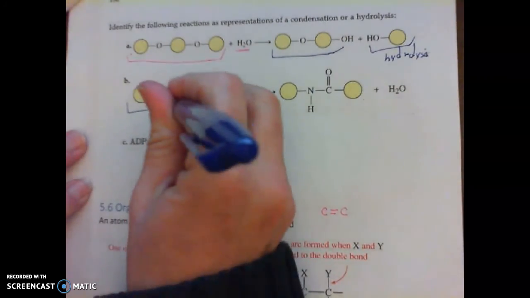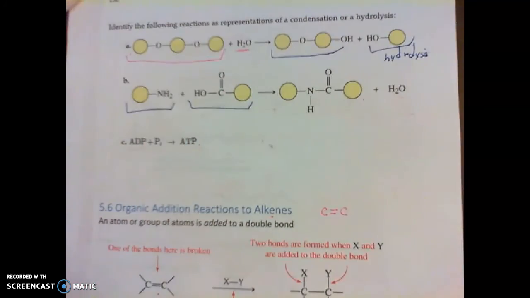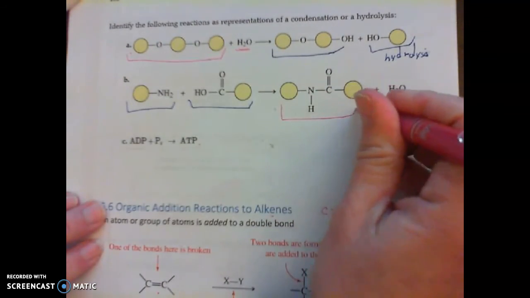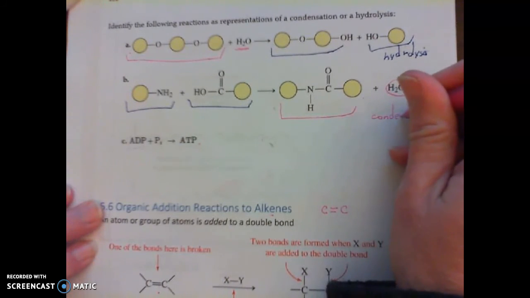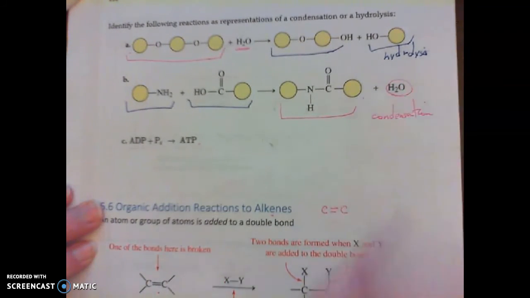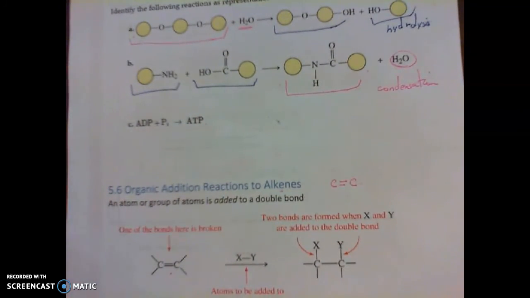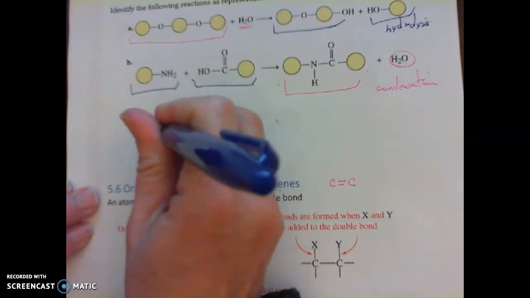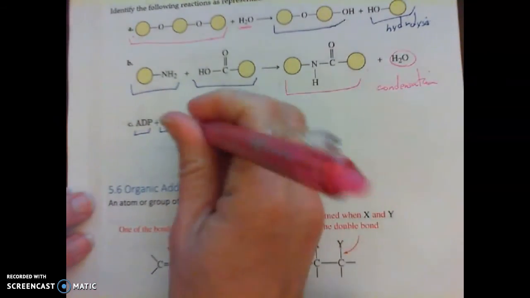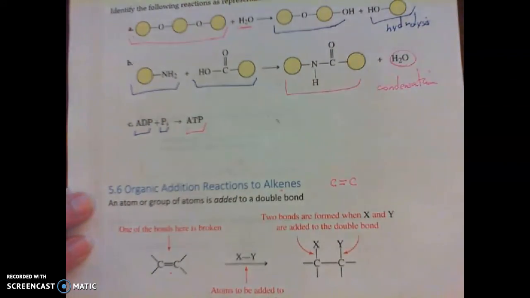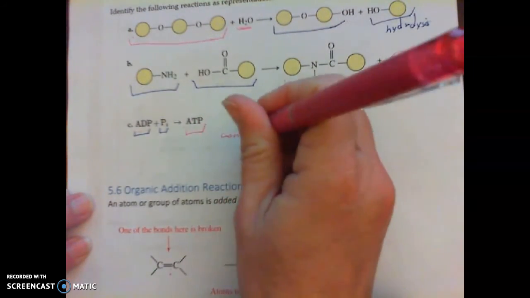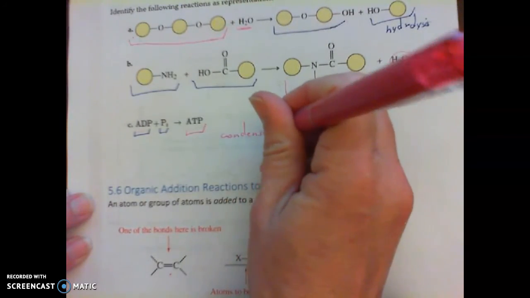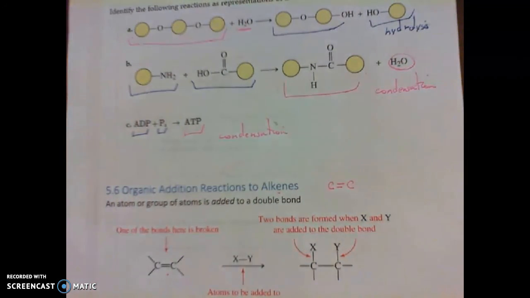Here we've got two reactants and one product, and we've made water, so that's a condensation. Here we've got two reactants and we have one product, so that would tell us that it's a condensation. They didn't show us the water in this case, but we can tell that we have two molecules coming together, and it's a phosphorylation.